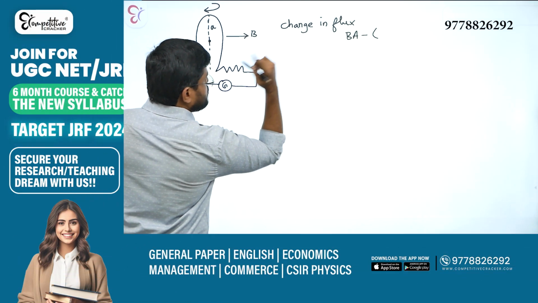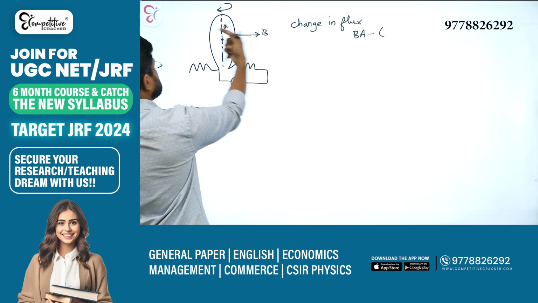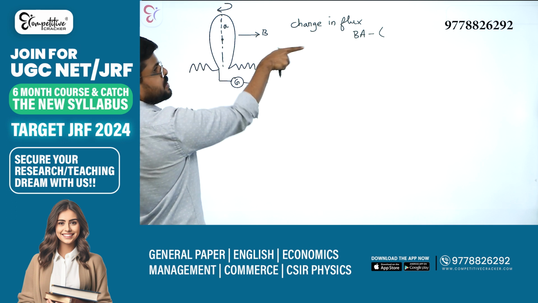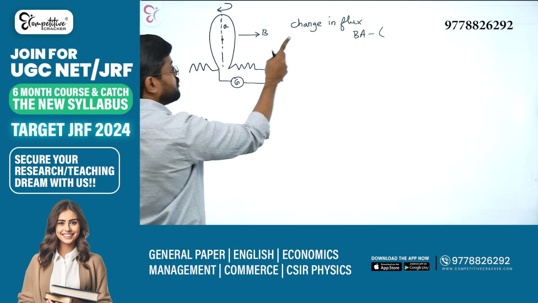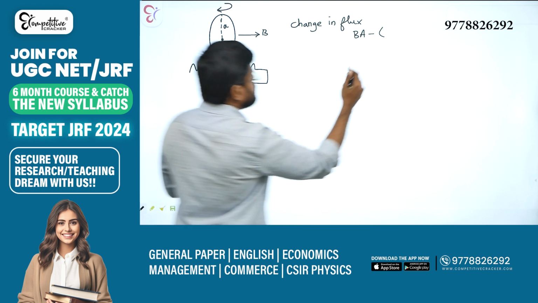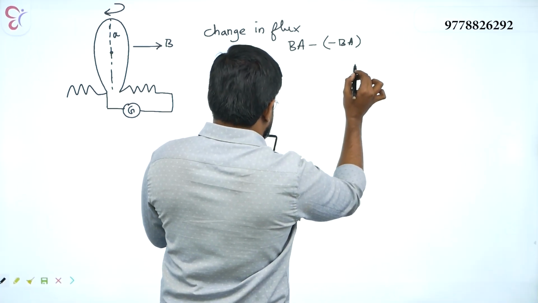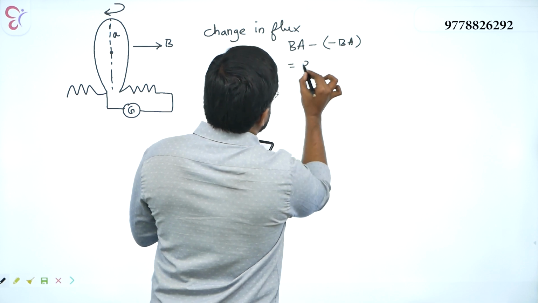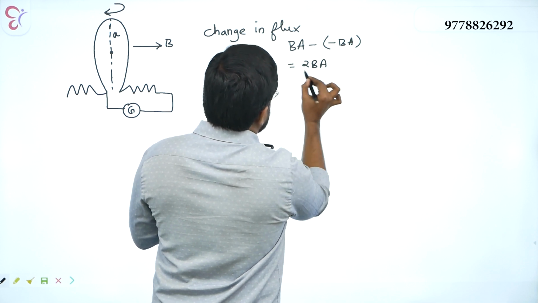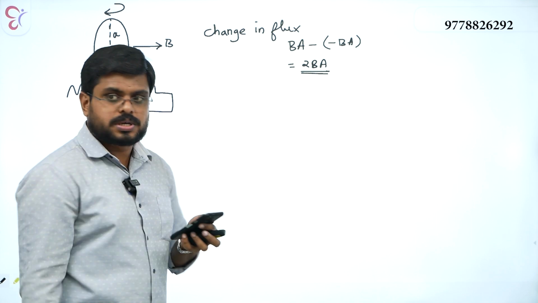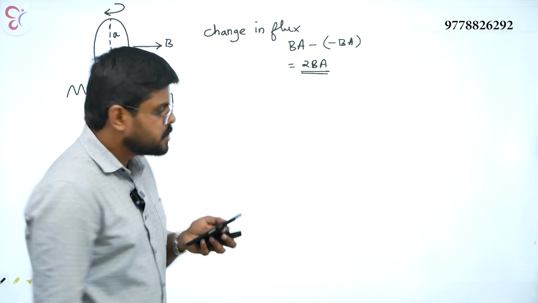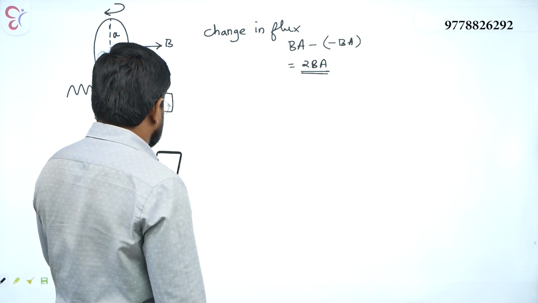And if it is flipped, the area vector is in the opposite direction, B will not change, so B dot A is minus BA. So the change in flux is equal to 2BA. Clear? So the change in flux is 2BA.